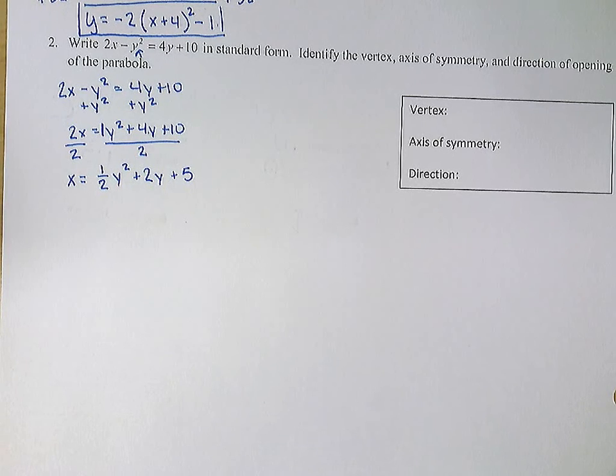Okay, what is my next step? Looking up at the other problem, what did I do next once I got that variable equal to the other side? What do I do next? You pull the half out.